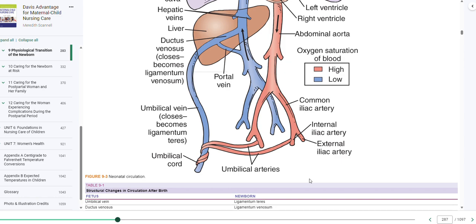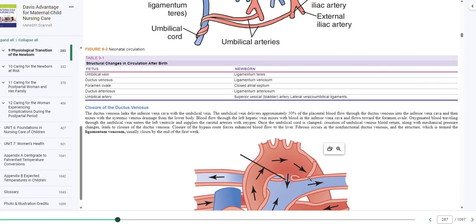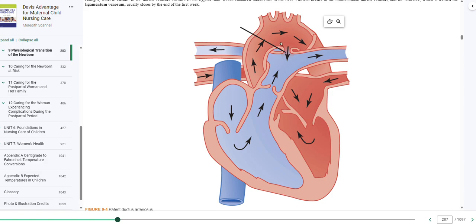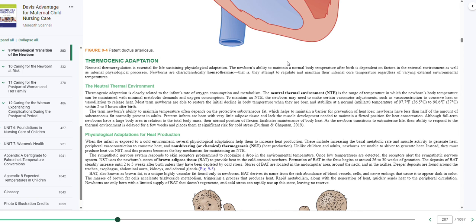Let's go on over to page 288. And there's another picture of that closure. The neutral thermal environment. Again, a wink and a lollipop. Our normal temperature to stabilize is the 97.7 to 98.6.